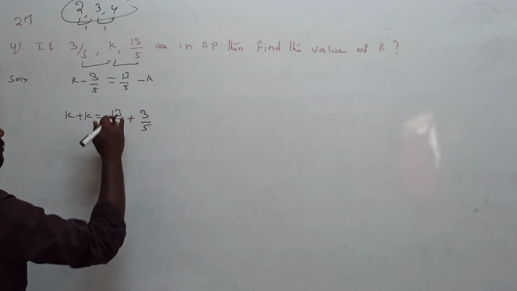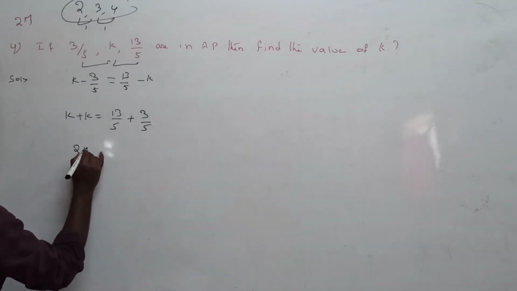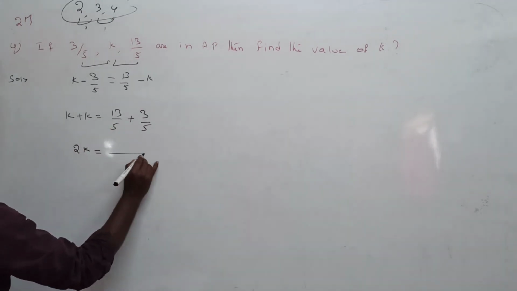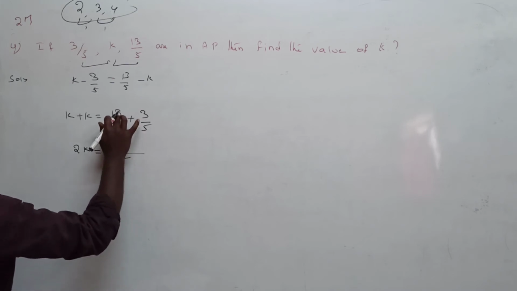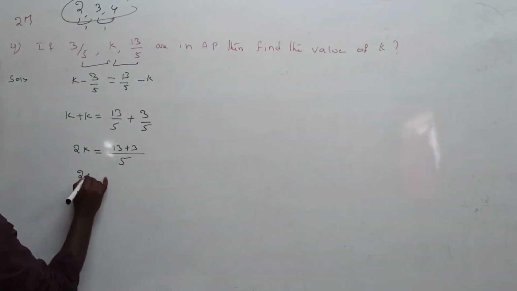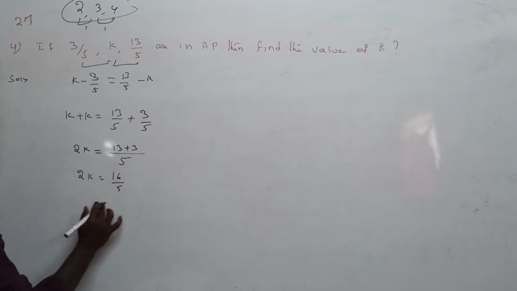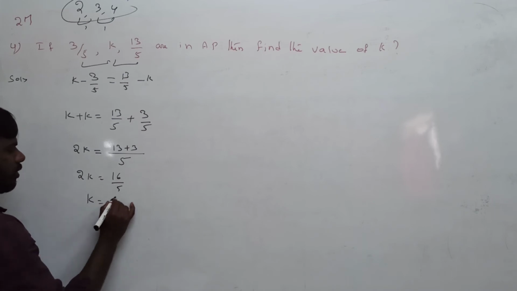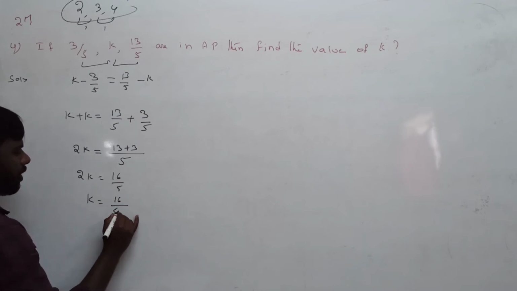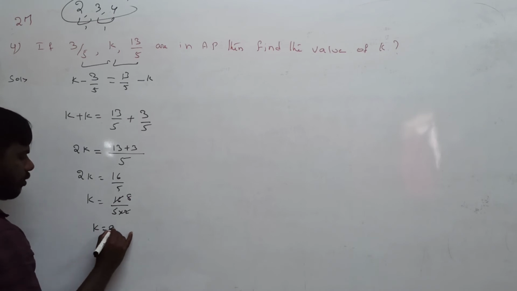Now k plus k is 2k, equal to, the LCM is the same, so we only add the numerators: 13 plus 3. 2k is equal to 16/5. The 2 goes to the denominator, so k is equal to 16 by 5 into 2, which gives k equal to 8/5.